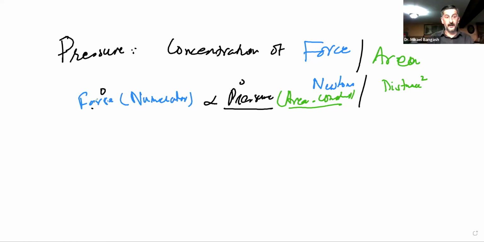If you are changing both the force and area, they each have their own effect on the pressure. So to establish the actual relationship between pressure and force, you have to keep the area constant.